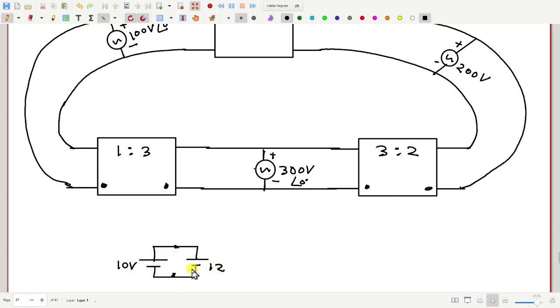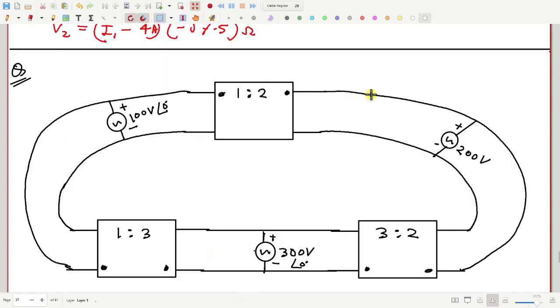What happens? That's a disaster. If there is no resistance in between, that's a disaster. Therefore, these voltages should be in this ratio, 100, 200, 300, and they should all be in the same phase.